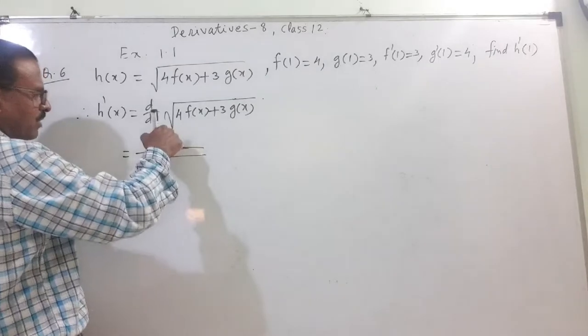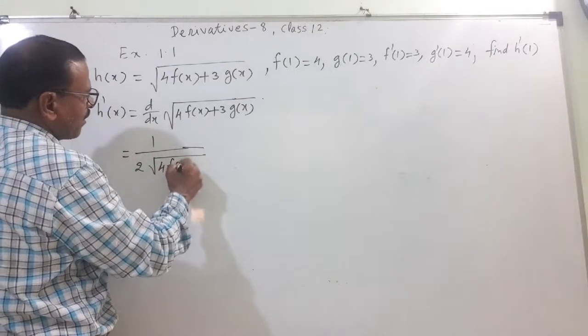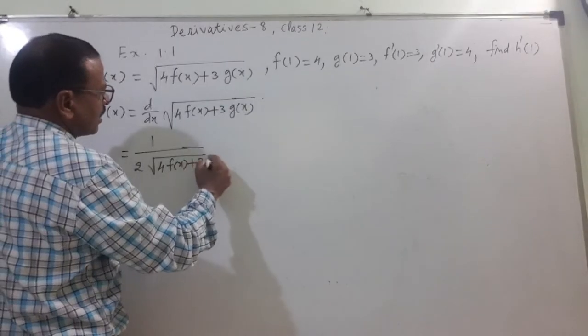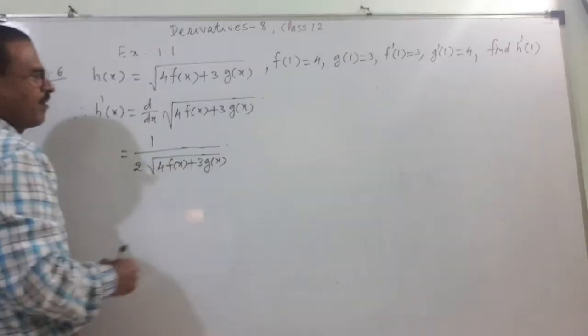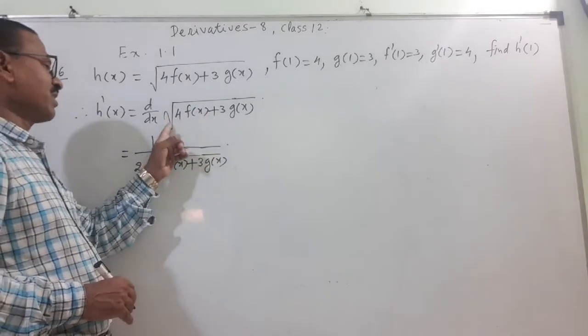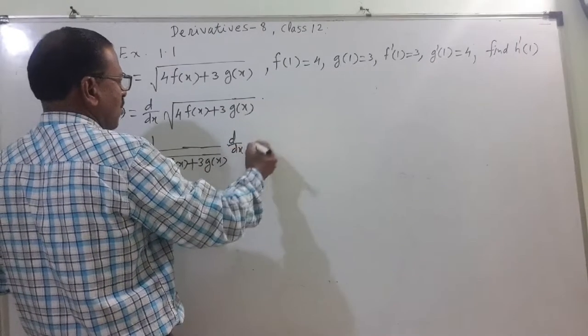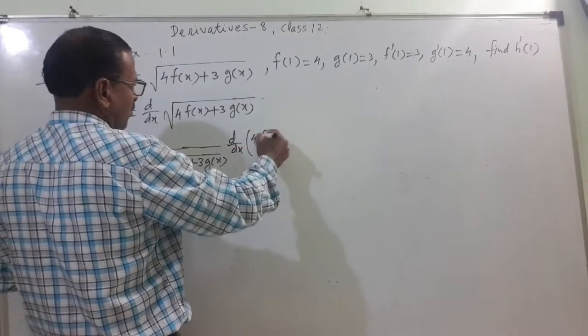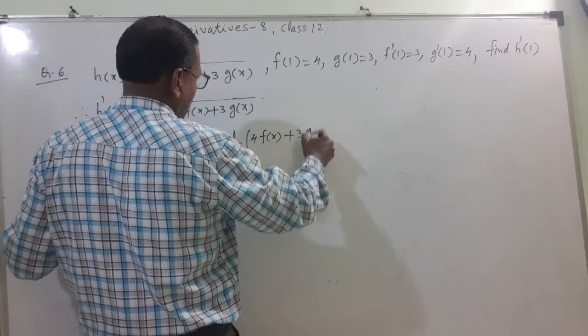Derivative of root is 1 upon 2 root of what is in the root, 4 f of x plus 3 g of x. Now I have to multiply by the derivative of what is inside the root, that is d by dx of 4 into f of x plus 3 into g of x.